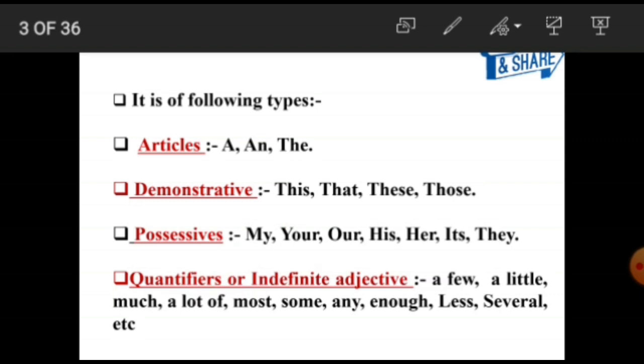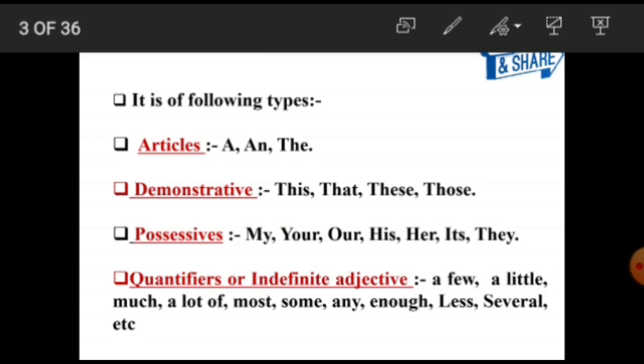In this very episode, we are discussing articles, which are the most important thing that we have been studying since middle school.